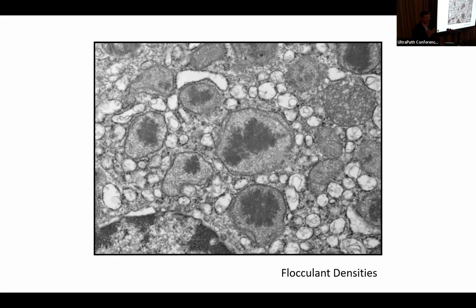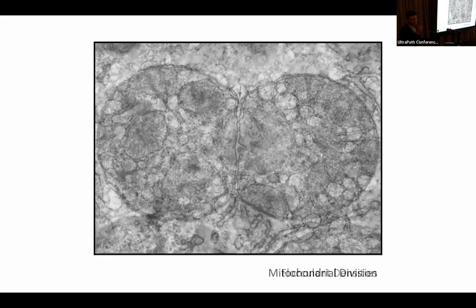The mitochondria are really the most susceptible organelle to these hypoxic changes, and their first indication that they might not survive is that the matrical dense granules expand into these flocculent densities inside the mitochondrion.